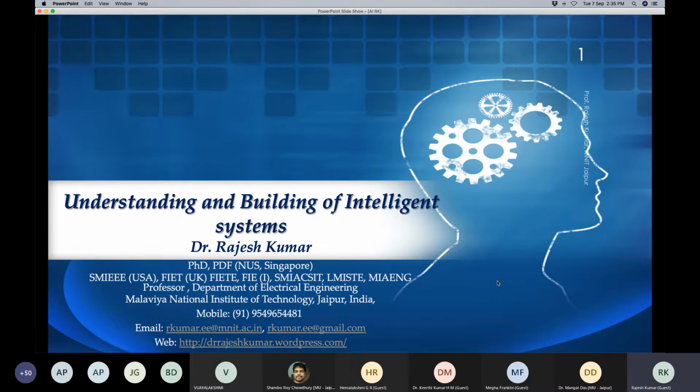Then what are the different components of machine learning? What is the progress? How you can use it, and then later I'll take a few case studies where we have successfully implemented it. EV will be a part of it, so we can discuss in detail there how we can apply machine learning to EV.